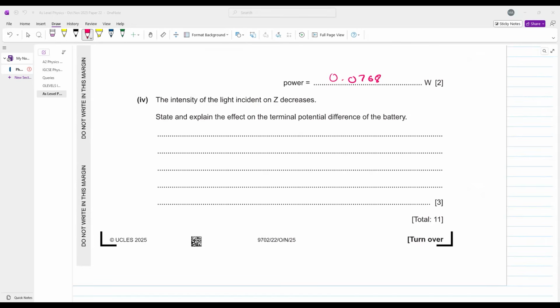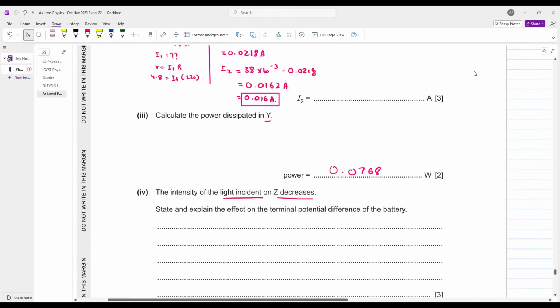Moving ahead. Now, the intensity of the light incident on Z decreases. State the effect on the terminal potential difference of the battery.